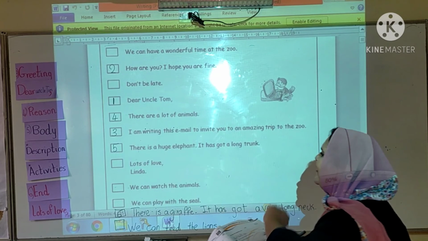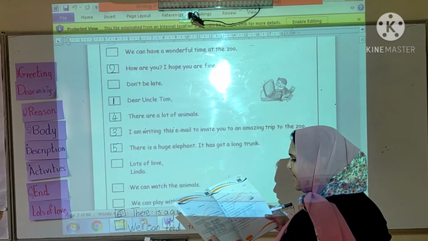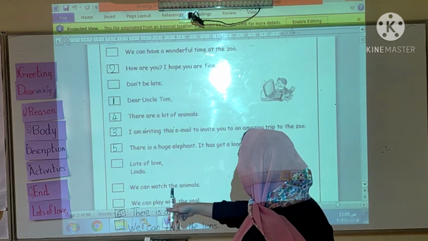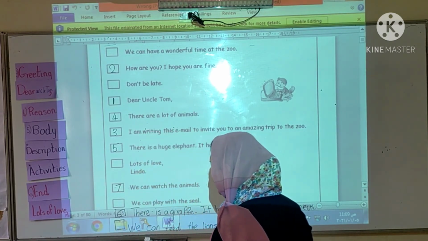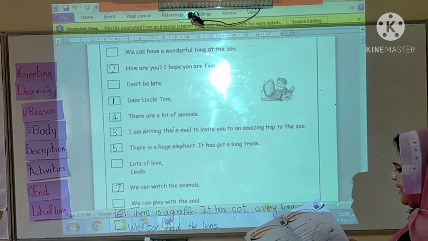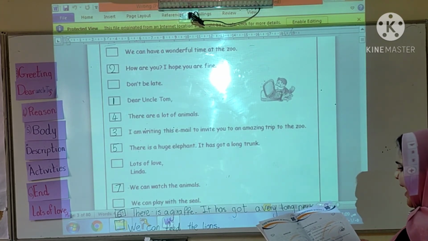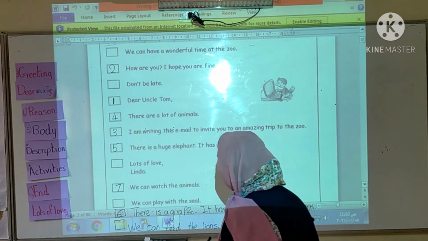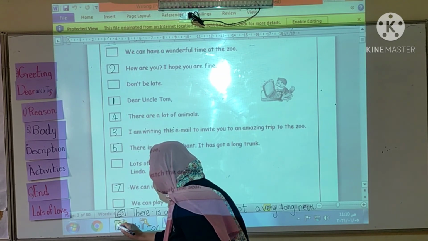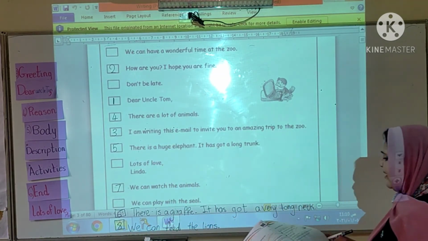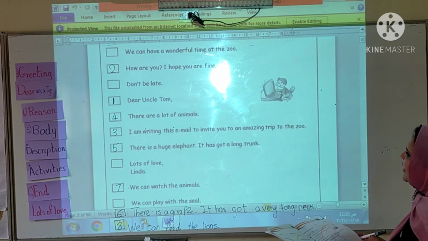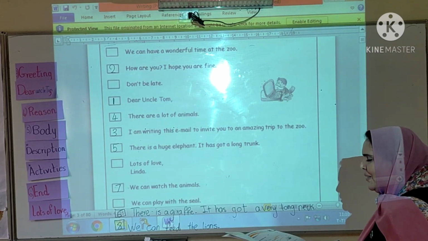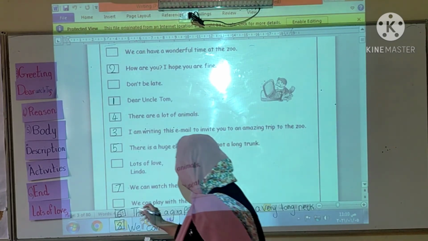Let's go to the activities. The first thing in the activities: we can watch the animals. This is number 7. What else? And feed the lions. We can feed the lions. Number 8. Now what else? We can play with the seal. This is number 9.